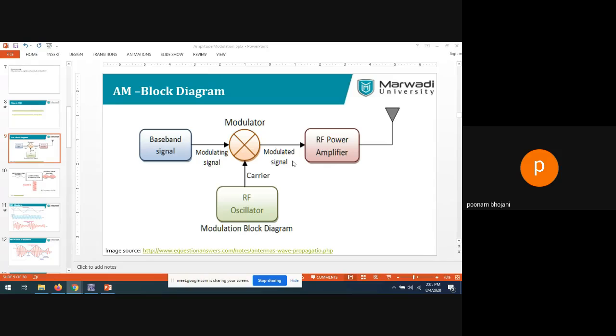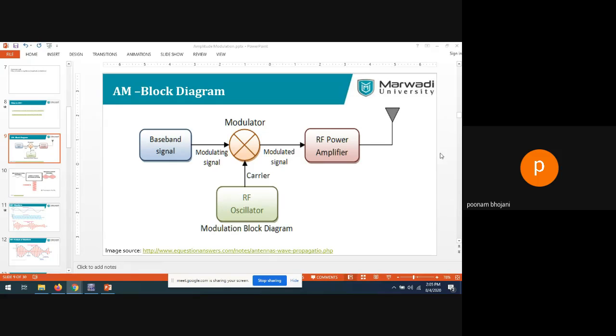If this signal has low amplitude, it can be amplified by using the amplifier circuit, and then it can travel to the transmission medium, or if wireless, you will transmit it through the antenna. Generally, whenever you transmit, the signal will be in the form of an electromagnetic waveform, so you are transmitting the electromagnetic waveform by using the antenna.